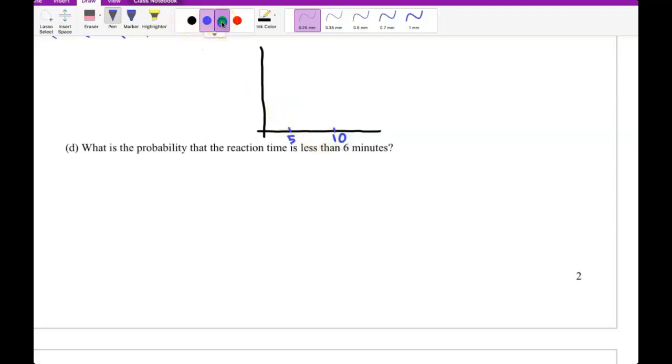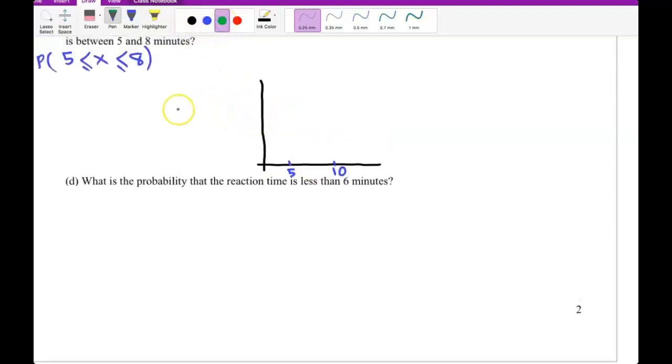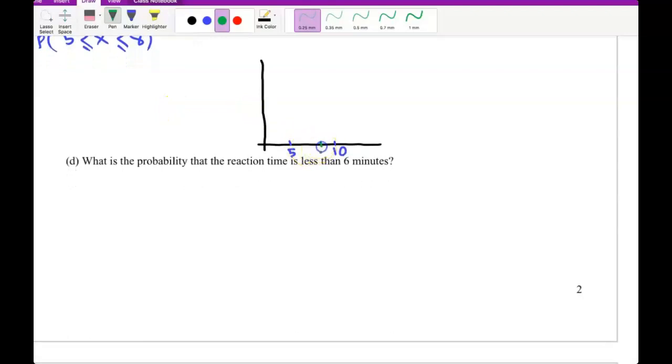And then the point that I have here is between 5, 8. And once again, here is 1/5.